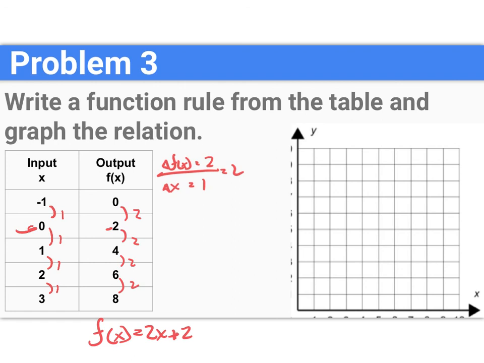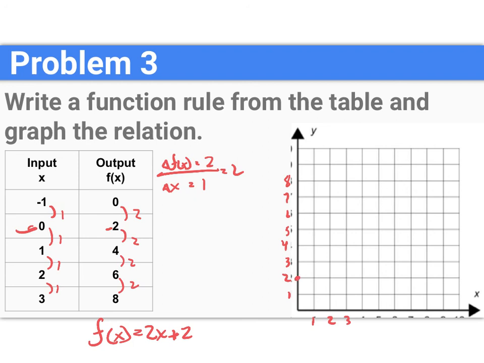So we're going to make each line 1, because it's easier. 1, 2, 3, 4, 5, 6, 7, 8. And so when x is 0, y starts at 2.